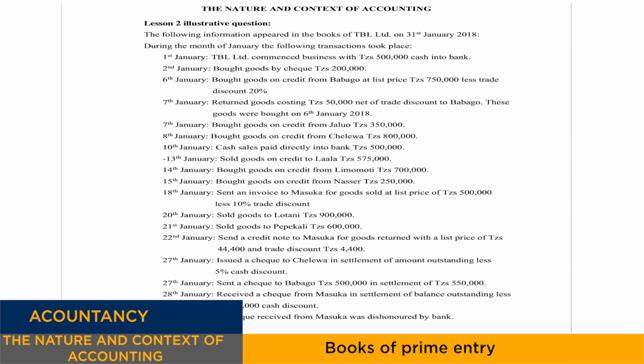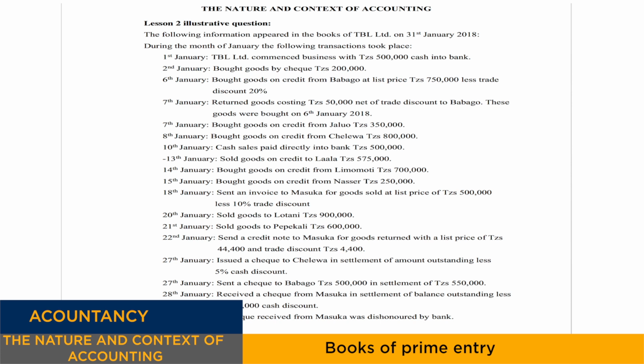On the 22nd January, sent a credit note to Masuka for goods returned with a list price of Tanzania shillings 44,400 and a trade discount of 4,400. On 27th January, issued a check to Chelewa in settlement of the amount outstanding less 5% cash discount.